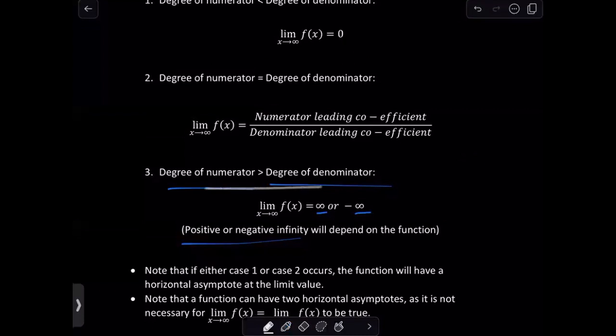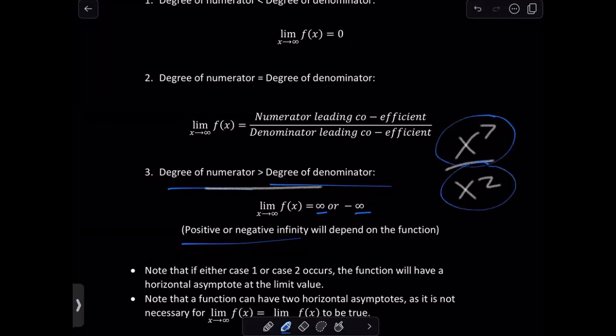Let's think about why this makes sense. The degree of the numerator is greater than the degree of the denominator. Let's say I have x to the power 7 over x squared, and I'm going to positive infinity. The x squared is going to get large, but the numerator is going to get much, much, much larger, and much faster.